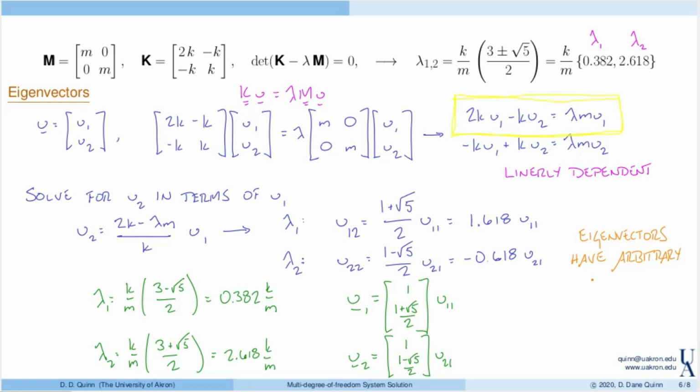And for now, that's convenient. So this is equal to 1 and then 1.618. And this one reduces to 1 and minus 0.618. So we have solved for the eigenvalues and now the eigenvectors.